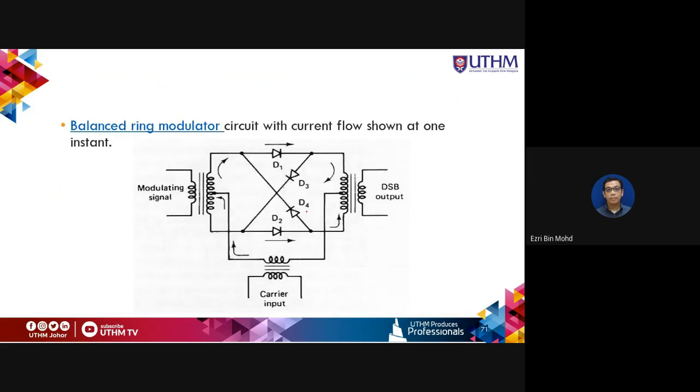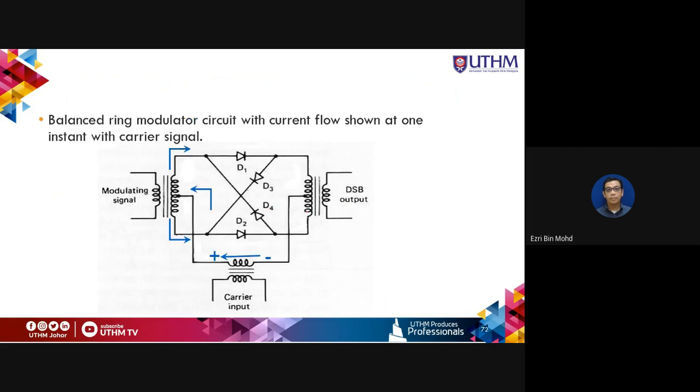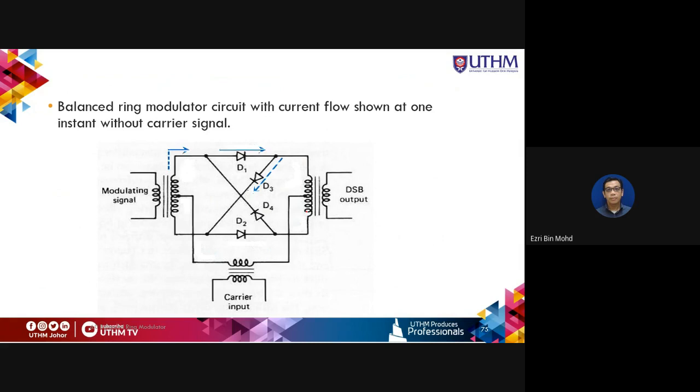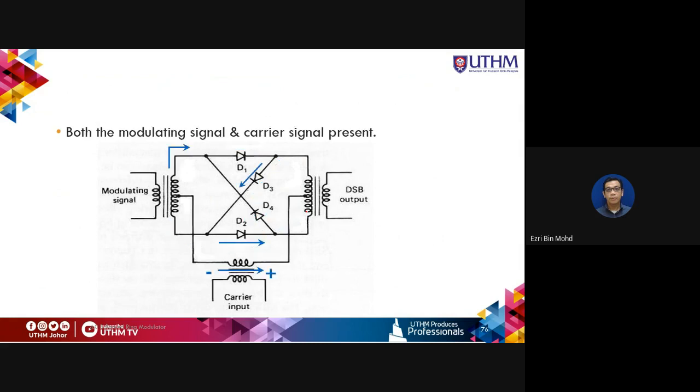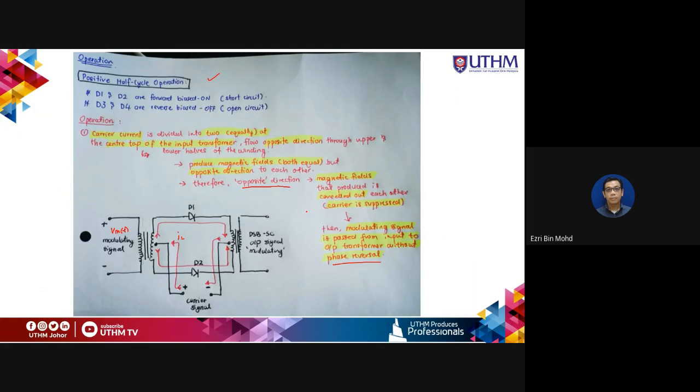Here is the diagram of the balanced ring modulator, which we have simplified. For the operation, for example, during the positive half cycle of the carrier, D1 and D2 are forward biased. So they act as a short circuit, meaning the current can flow through D1 and D2. D3 and D4 are reverse biased, which is an open circuit.